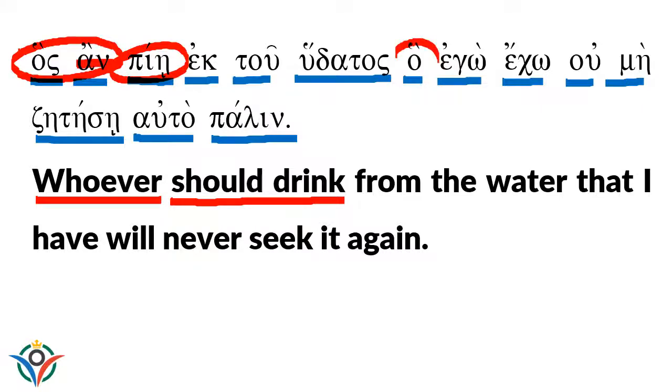And then we have ha, which is a relative pronoun. Now, initially, you might think that it's referring back to hudatos, but it cannot be because it's not in the genitive case, and a relative pronoun must agree with its antecedent in case, gender, and number.